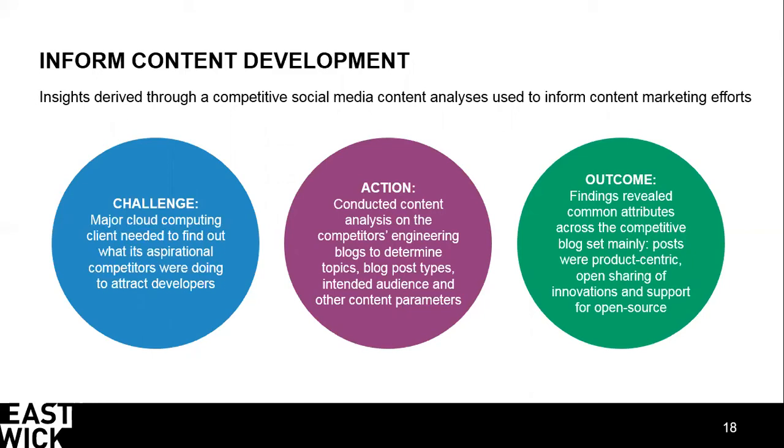The outcome was findings that revealed common attributes across the competitive blog set: mainly posts were product-centric, open. There was an open sharing of innovations. They were very eager to share what they were doing, all these wonderful projects going on, and an overall support for open source. So this provided input into shaping content on the client side.